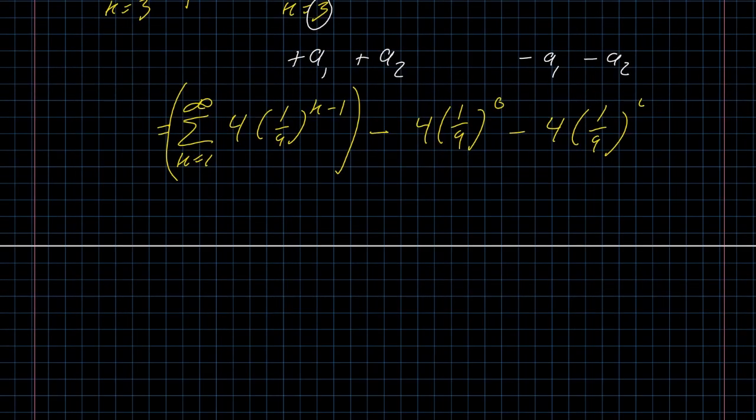Right? So the series itself is going to be evaluated using the summation formula. It's going to be 4 over 1 minus 1/9, and then I'm going to have to subtract 4, and I'm going to have to subtract 4/9. This is going to give me a really ugly fraction, but it is still a fraction, it still works.